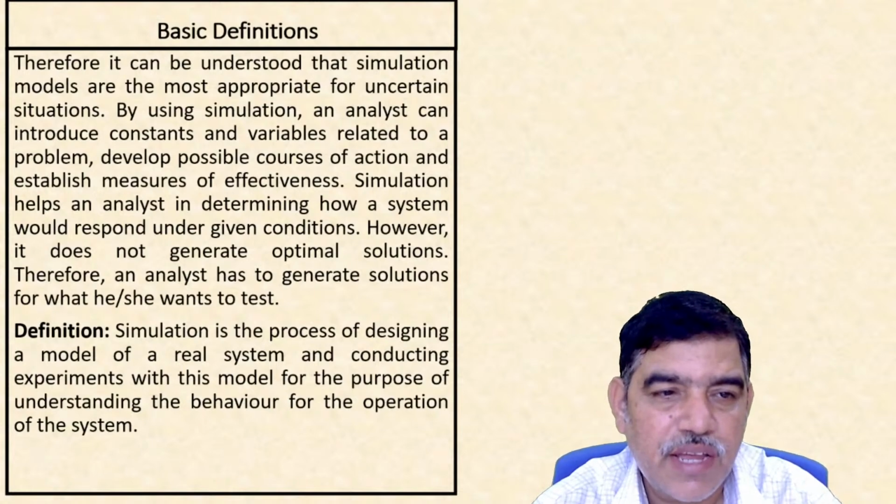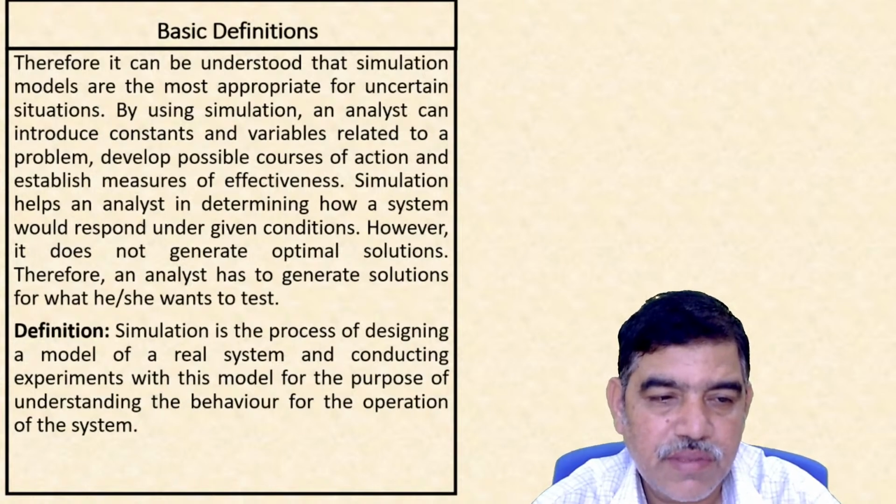Simulation helps an analyst in determining how a system would respond under given conditions. However, it does not generate an optimal solution. Therefore, an analyst has to generate solutions for what he or she wants to test.